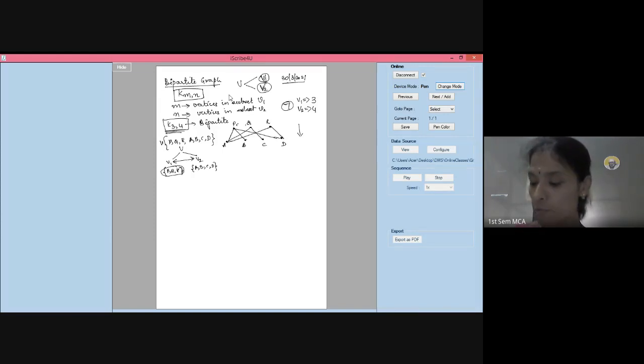It means we cannot have any edge between any of the vertices of V1.